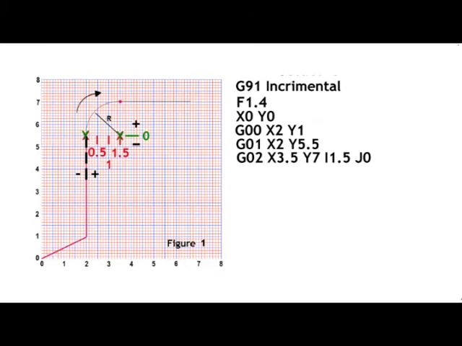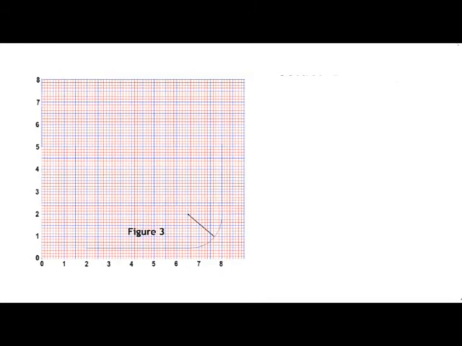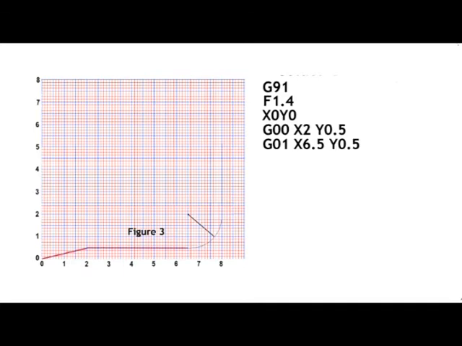In figure 3, we will start the cut at X2, Y0.5 and cut to X6.5, Y0.5. This is the start of the arc in a counterclockwise direction. The end of the arc is at X8, Y2. I and J need to be located.